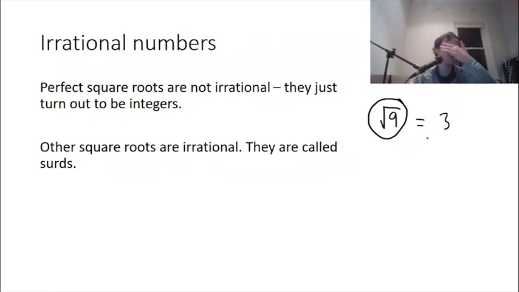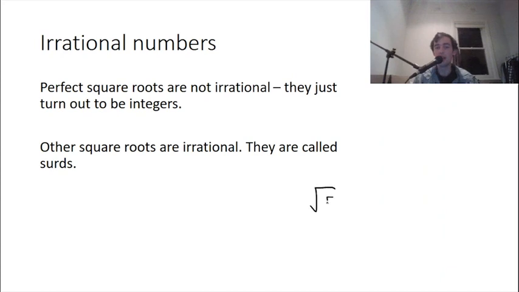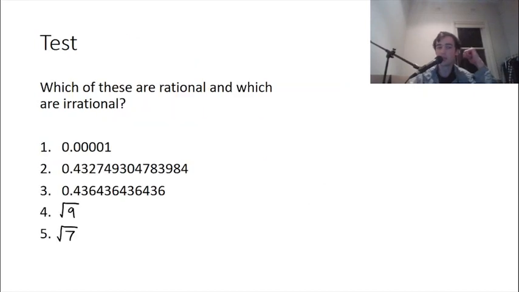But the square root of 5 is an irrational number because it's not a perfect square. And by the way, the square root of 5 is also called a surd. That's the irrational number, square roots.